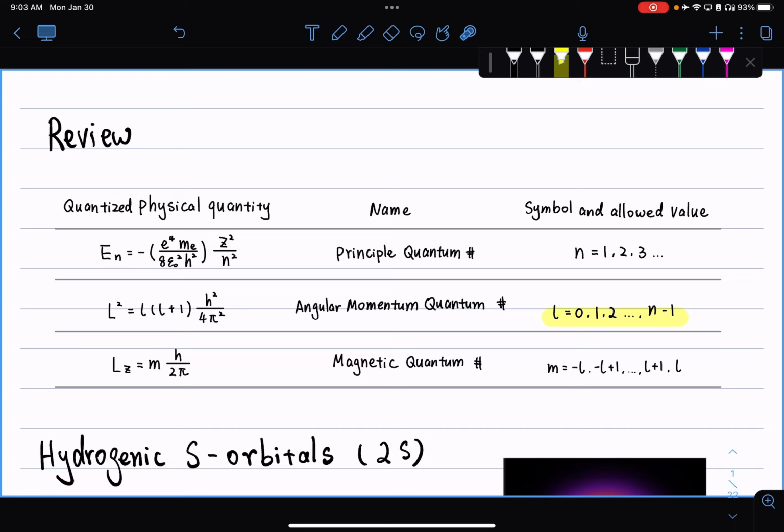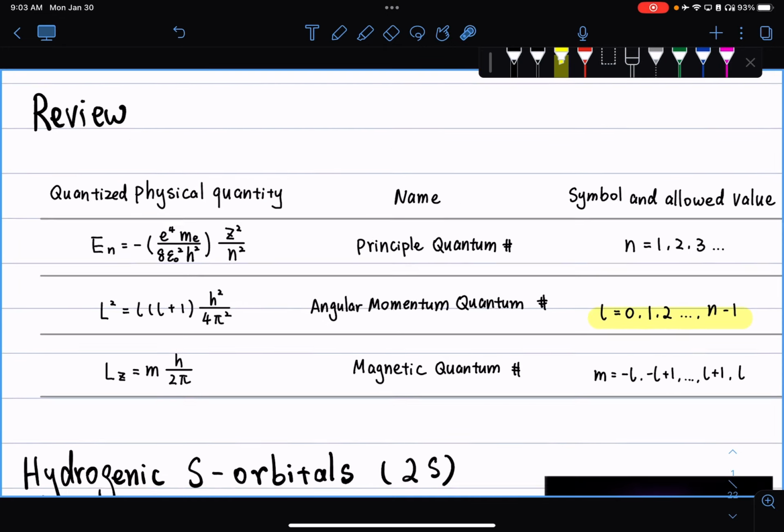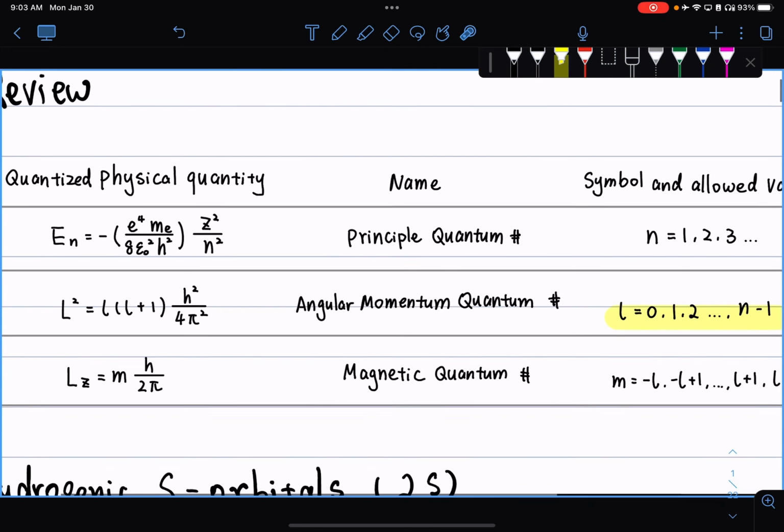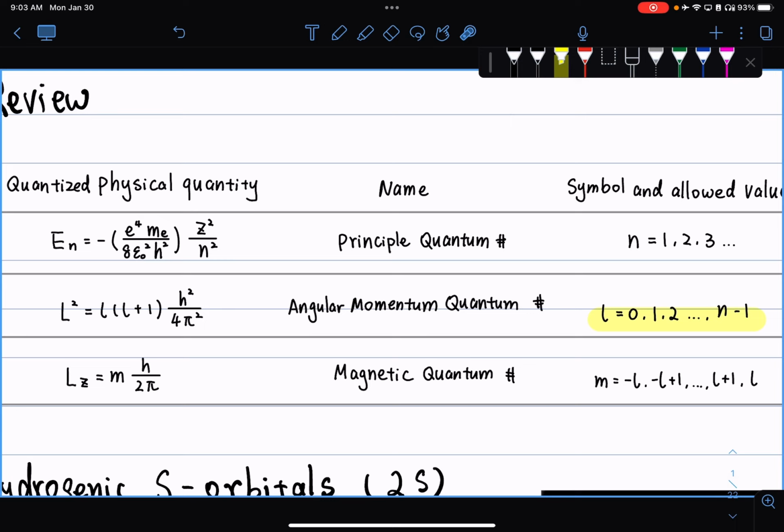The first one is the principal quantum number, which is associated with energy. For hydrogen atom, we have En equals negative Z squared over n squared, in Rydberg. So the principal quantum number describes the energy levels.